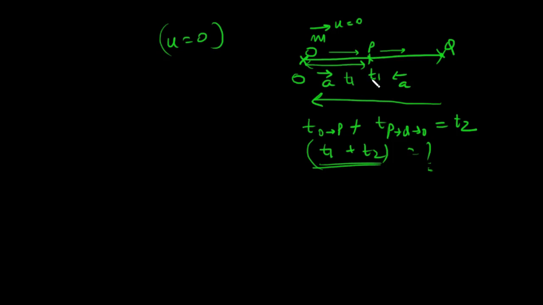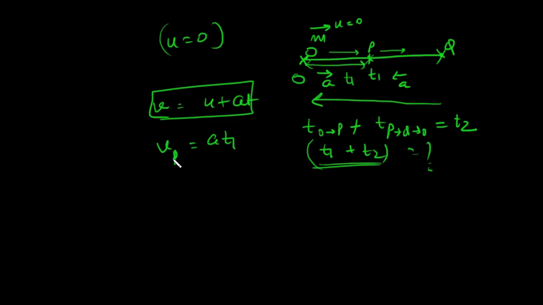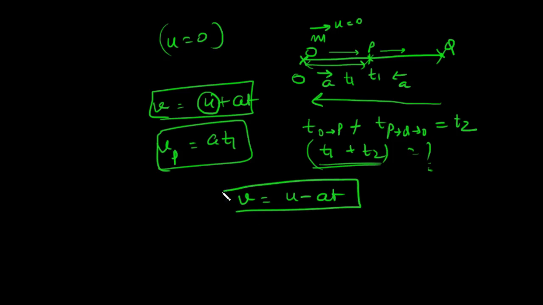Now from P to Q, what happens is, at P it must have acquired a velocity V equal to U plus AT. This is the first equation of motion. When time T1 has elapsed, this means A T1 would be equal to V at P. U is 0, mind it. So Vp would be equal to A T1. Now acceleration has reversed. This means we apply the first equation with deceleration. So the final velocity would be U minus AT when deceleration occurs.